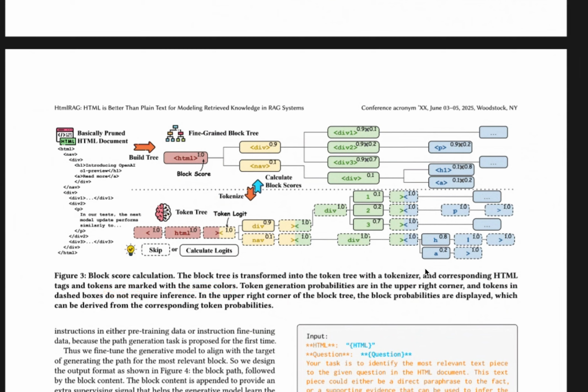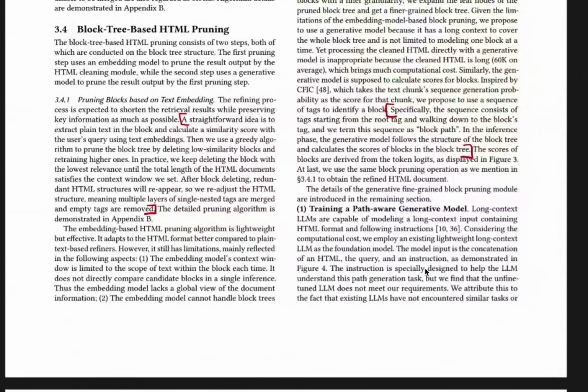The token generation probabilities are in the upper right corners, and the tokens in the dash box do not require inference. In the upper right corner of the block tree, the block probabilities are displayed, which can be derived from the corresponding token probabilities. They have explained it in the most appropriate way in this caption. You're tokenizing, calculating the block score, and understanding which ones are good for you.